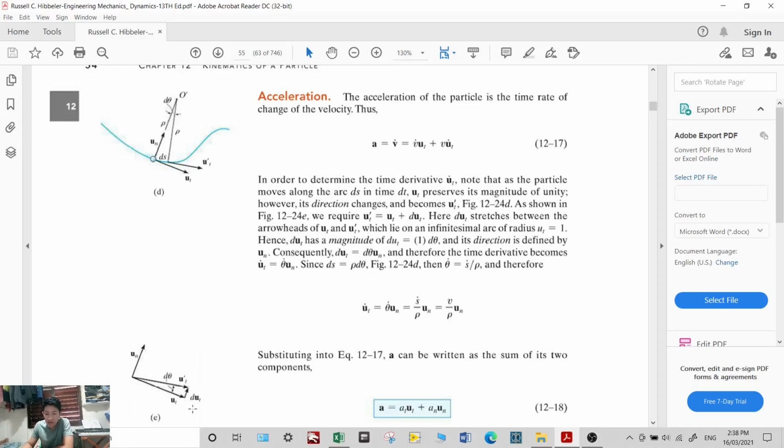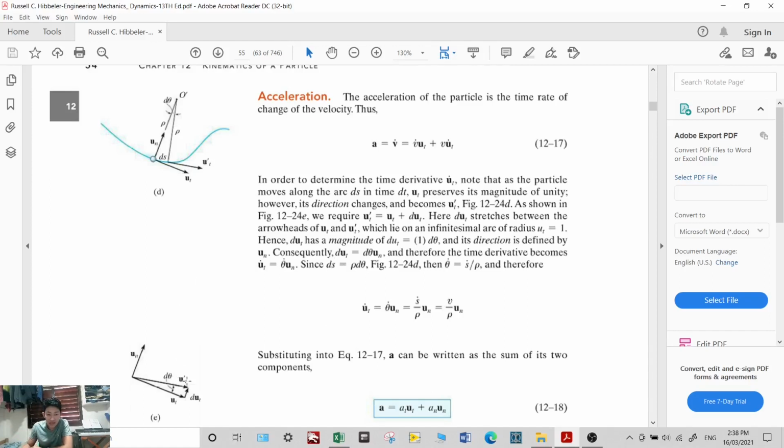So what is the value of that if you differentiate it with respect to time? What will happen? du sub t is just du sub t. So what do you do here? You just apply the arc length.